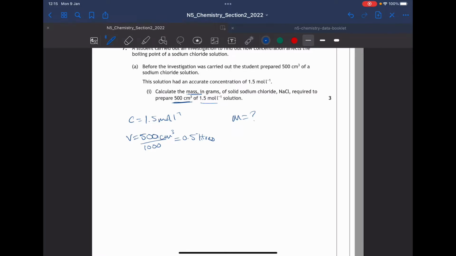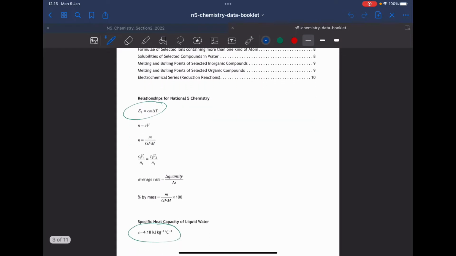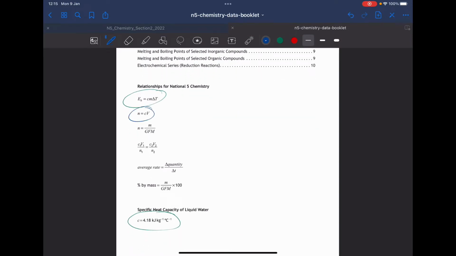Because we've got C and V, that means we can use the relationship n equals c times v. Because we're trying to find m, that means we then also need to use the m, n, GFM relationship too. You do get these equations at the start of the data booklet. So n equals c times v, n equals m over GFM.